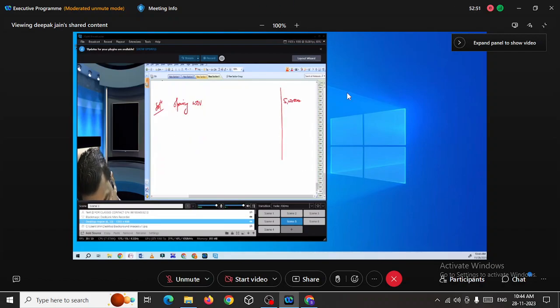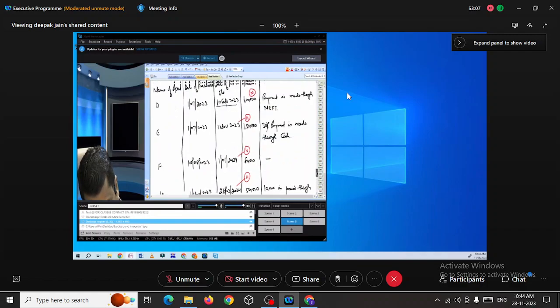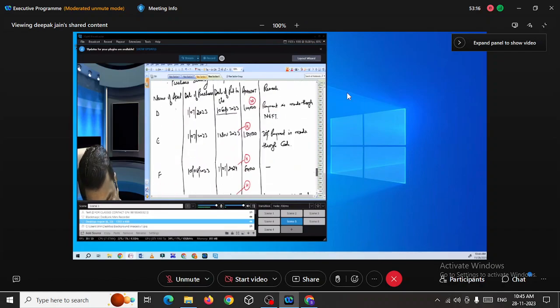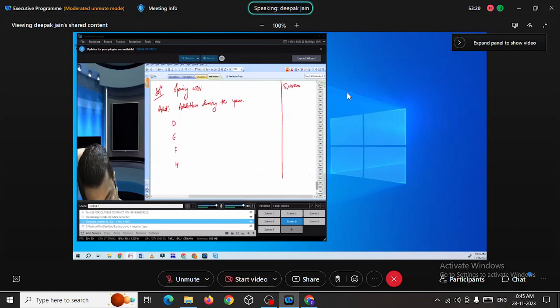Addition during the year. D, E, F, H. डी का पूरा आएगा 1 लाख। D, payment is made through NEFT, पूरा, entire 1 lakh.